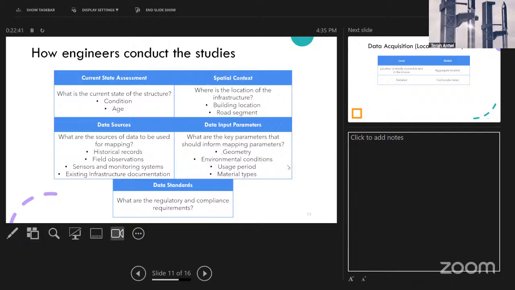So key parameters are very, very crucial. You don't have to do everything all at once. And some data are derivative, they are latent, so you can pick some to establish a relationship to get other data. You don't have to pick everything.